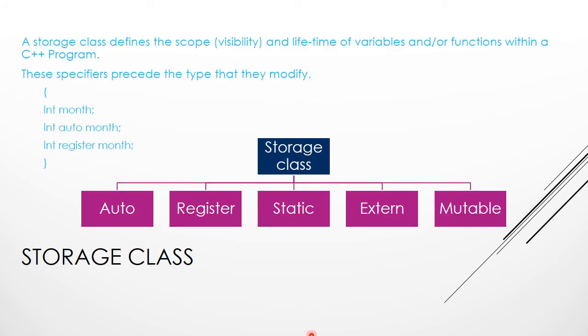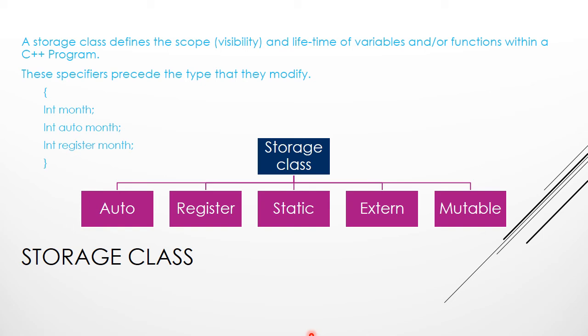Now let us look into what storage classes are. Storage classes define the scope of the variables, that is, where the variables occur, what the functions of those variables are, and where these variables are actually stored in a C++ program.